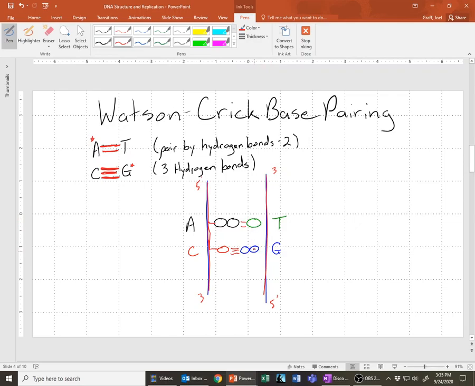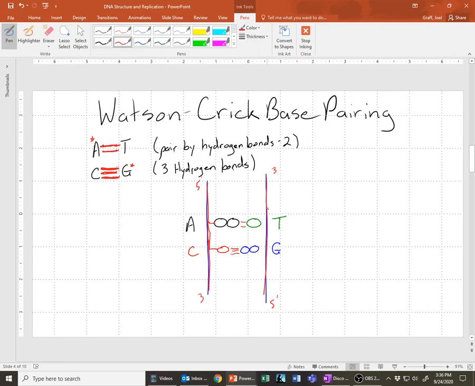G's have 2 circles, and C's have 1 circle. The A and the G are purines, and so that's why they have the same number of circles. If we talk about the T and the C, those are called pyrimidines.